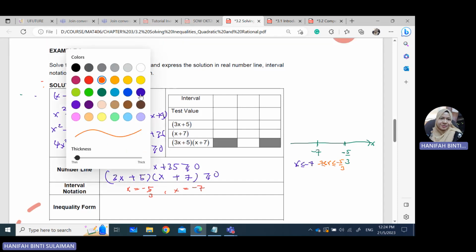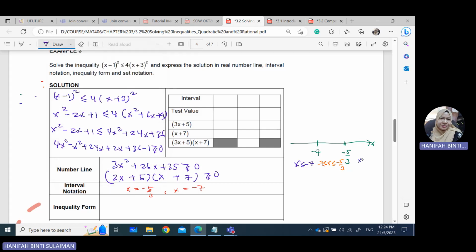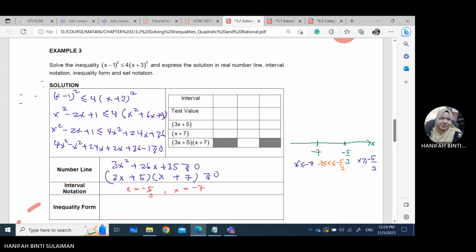So untuk part yang sana, sebelah paling kanan, x greater than or equal to negative 5/3. Okay, so interval dia adalah x less than or equal to negative 7.